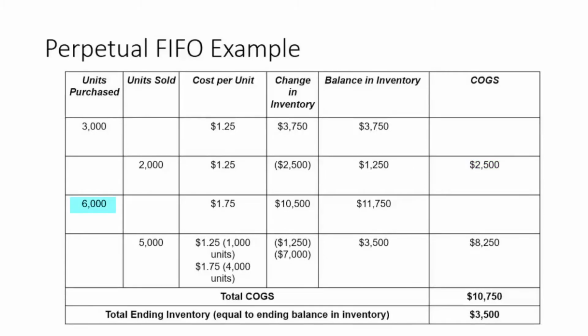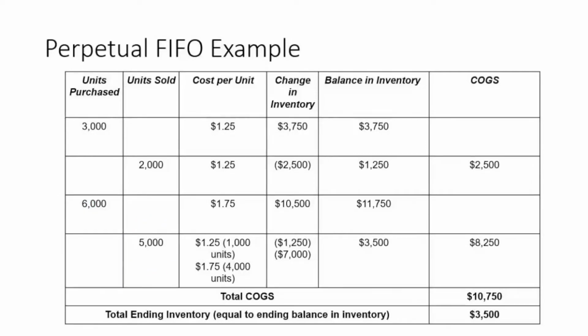Batch 2, we purchased 6,000 units at $1.75 each, and that resulted in an increase in inventory of $10,500. So now the balance in inventory is $11,750. Lastly, there was a sale of 5,000 units, and that was after batch 2 had been purchased. So this is where the cost flow assumption for FIFO is really going to come into play.